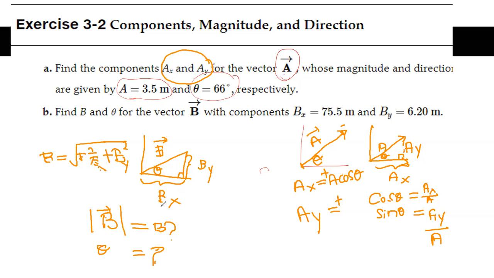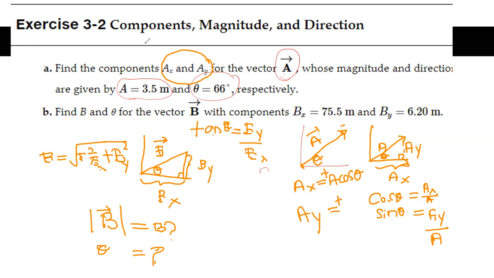Right, okay. And how would you find theta? Because I know tan theta is defined as opposite, BY, over BX. Then tan theta is BY over BX. To get theta, you need to do the arctan, or the second function of the tan.